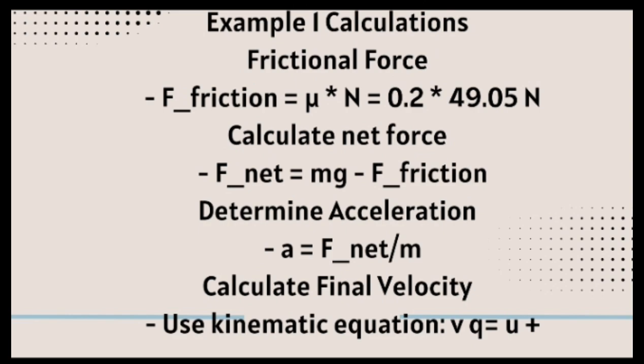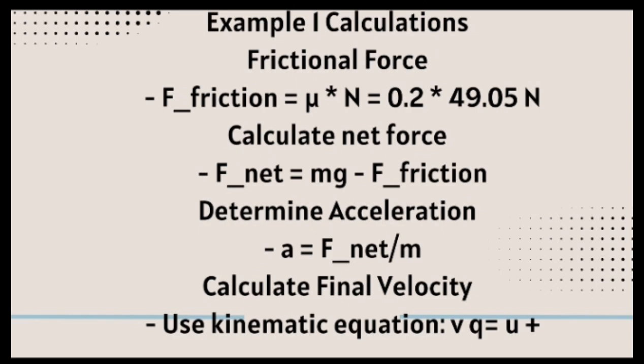Calculating the frictional force gives us F friction equals mu times N, which equals 9.81 N. Next, we find the net force by subtracting the frictional force from the weight.